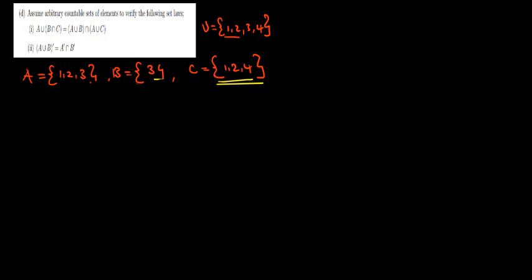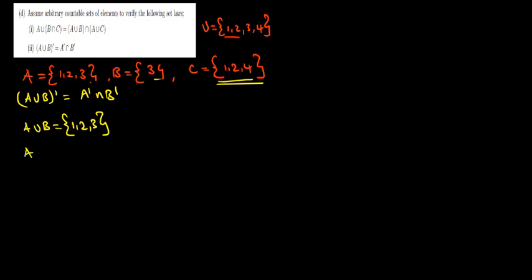On the second one we have A union B, complement, equals A complement intersection B complement. Let's find A union B, and then we can find its complement. A union B is the combination of elements in A and B, so that will be 1, 2, 3. This will be our A union B.